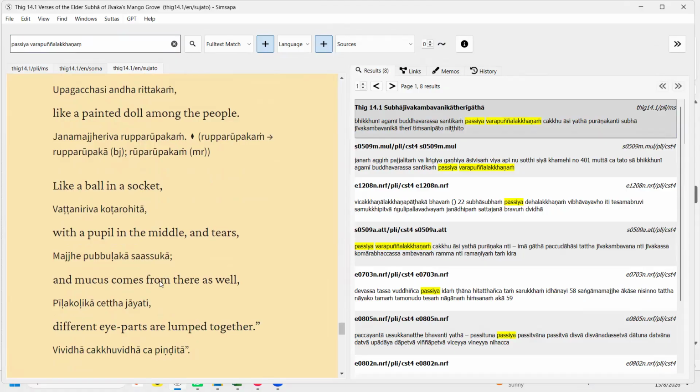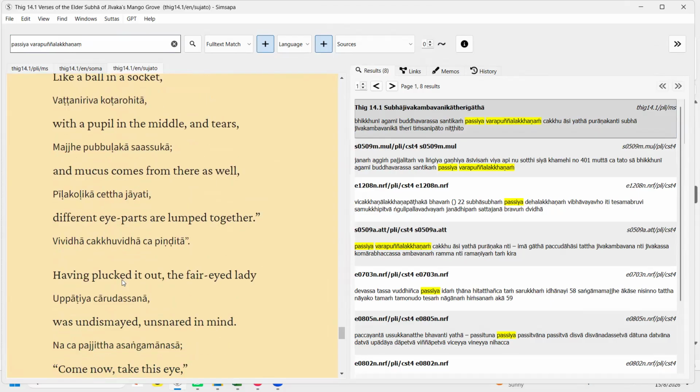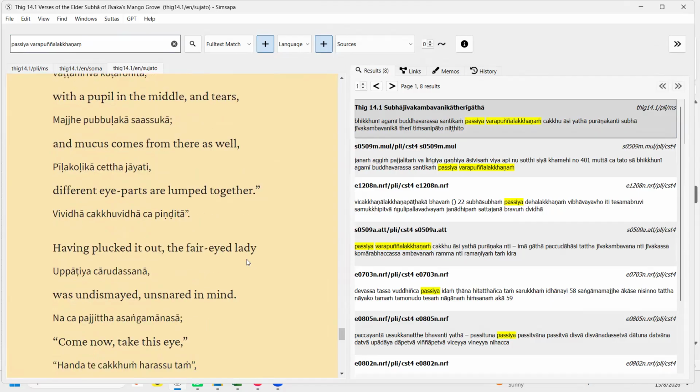The mucus comes from there as well. Different eye parts are lumped together, having plucked it out. The fair eyed lady was undismayed and unsnared in the mind.